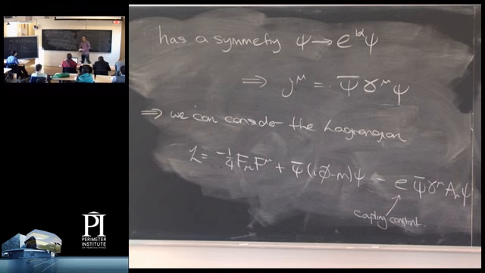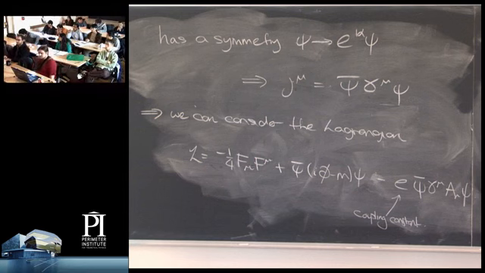So it's the conservation of the current that has to couple to A mu, which could also have been derived using the gauge invariance of the Maxwell theory.